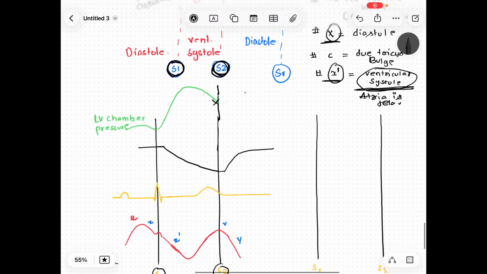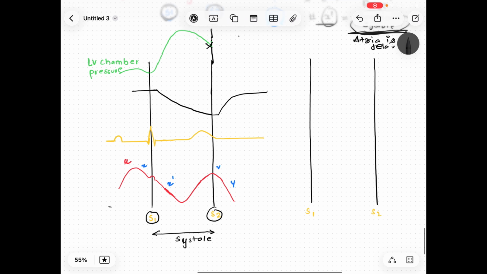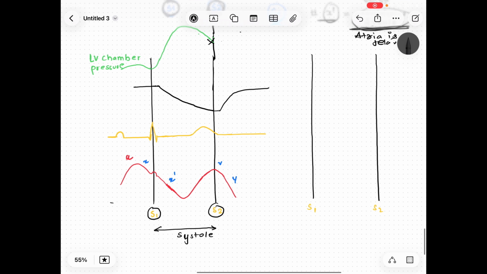Now coming to the famous Wiggers diagram. This small bulge, we already discussed, is due to tricuspid valve bulge, which forms S1, and the peak of V wave is S2. Between S1 and S2, the ventricle is in systole, while atrial systole occurs during A wave only.